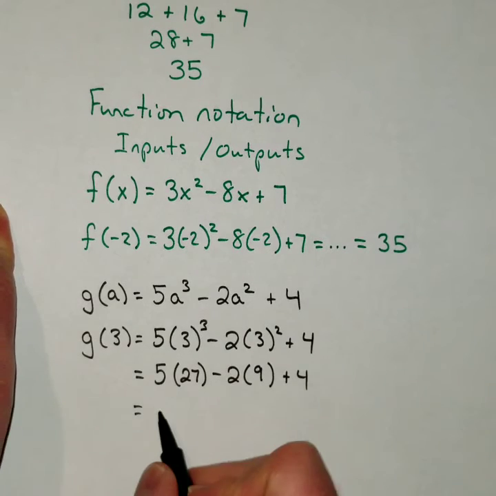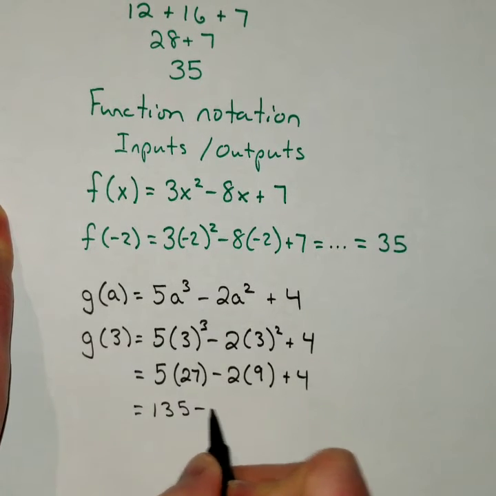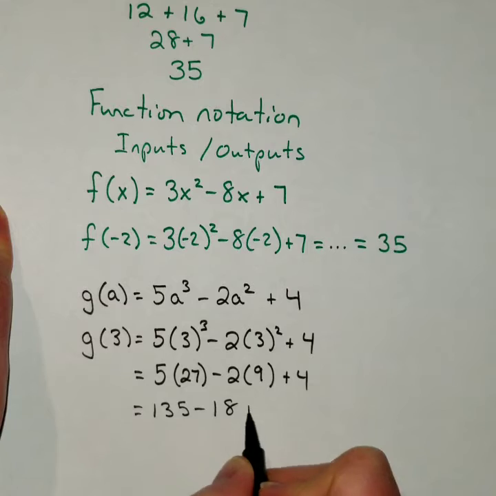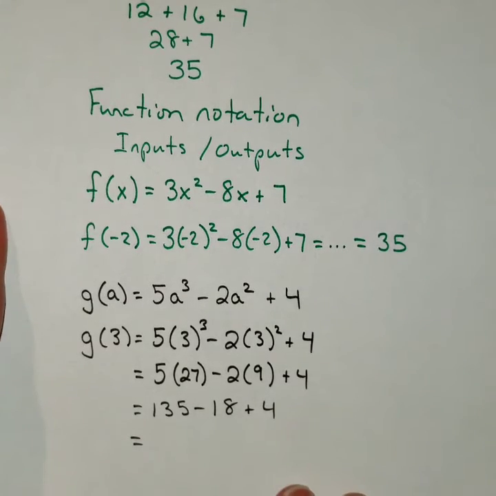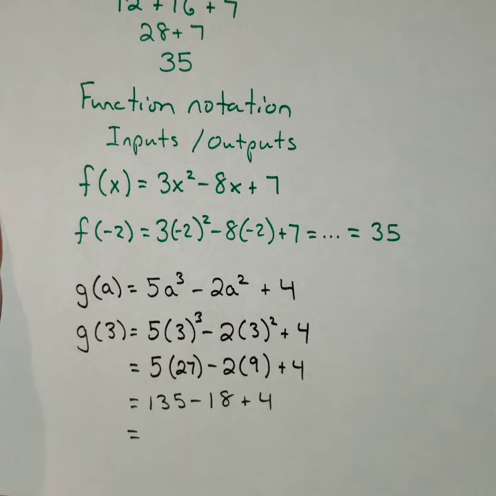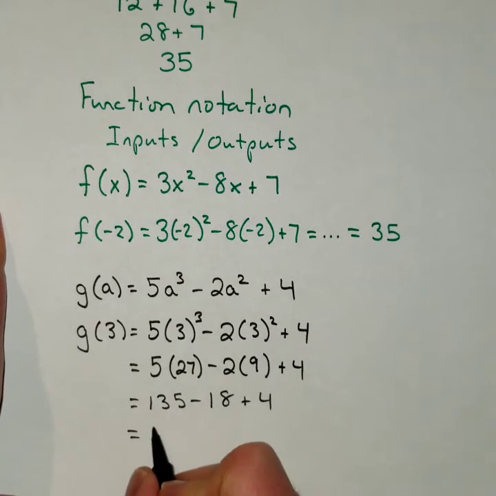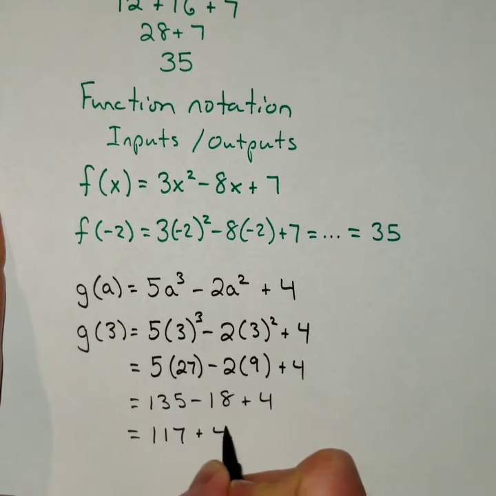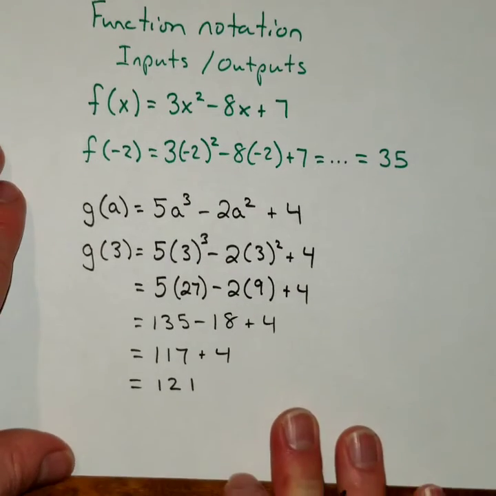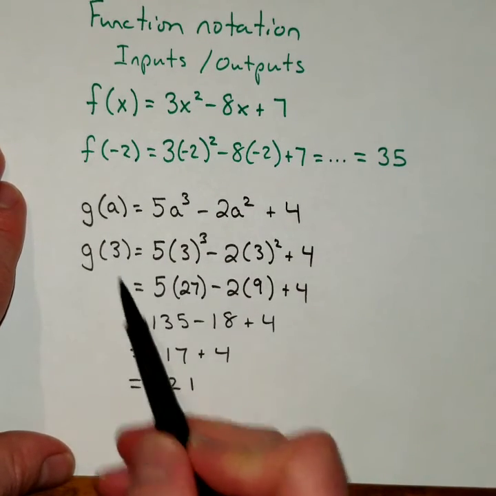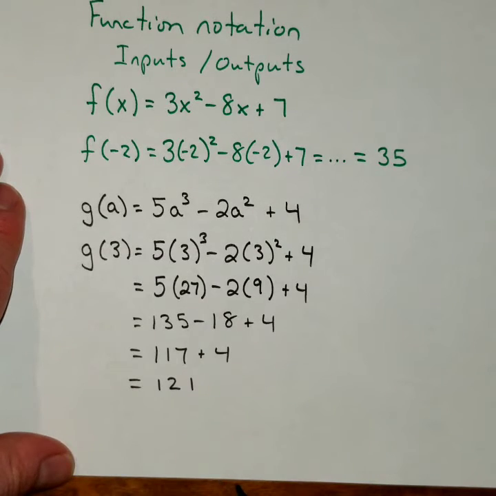Yep, 135. 2 times 9 is 18. 135 minus 18 should be 117. Yeah, 117. And add 4, you should get 121. Okay. So g of 3 is equal to 121.